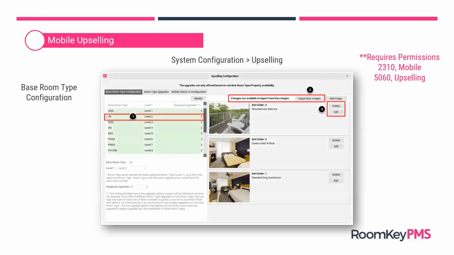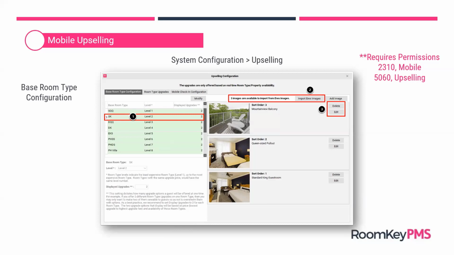Once you've assigned your levels, the next thing that you'll notice on this same screen is that any rooms that are assigned level 2 or higher, you'll see on the right-hand side that you have the ability to upload images and add those images. And these are the images that are going to be used and displayed on screen when the guest is reviewing their upgrade options.